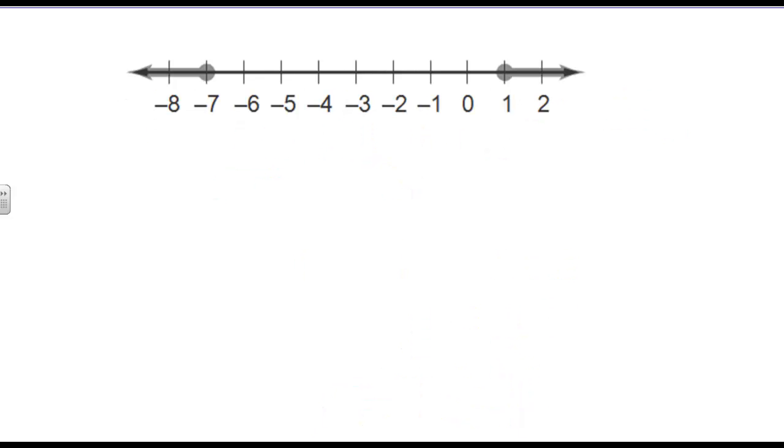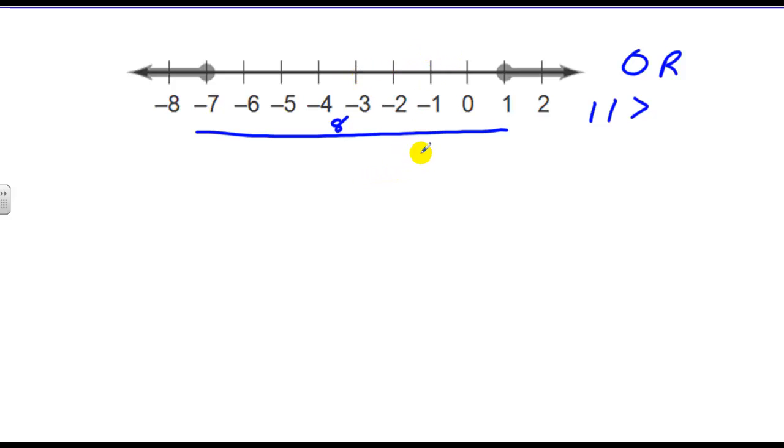So here's an example where the two quantities are going in opposite directions. So this is going to look like an or greater than after the absolute value. So again, what I'm going to do is I'm going to find the middle of the graph. I know that between 1 and negative 7, there's a total of 8.